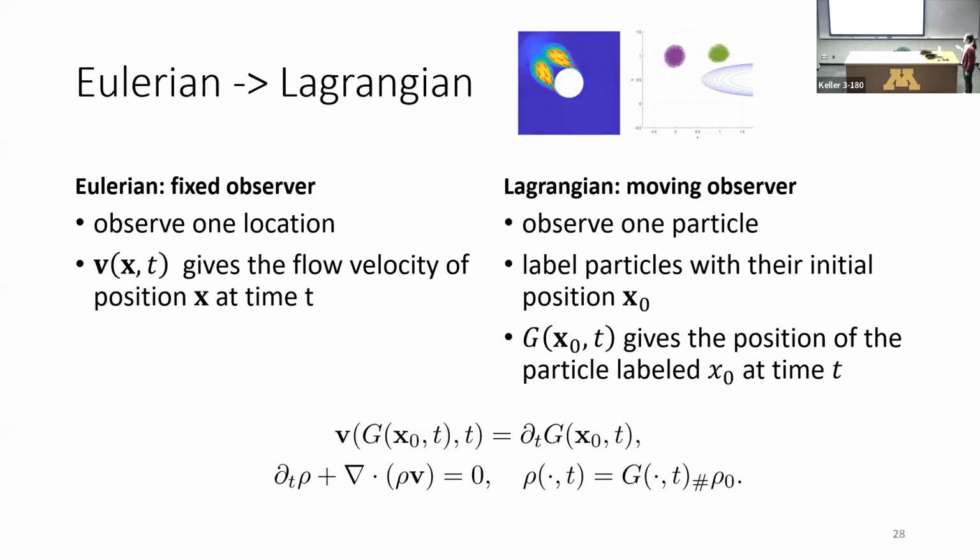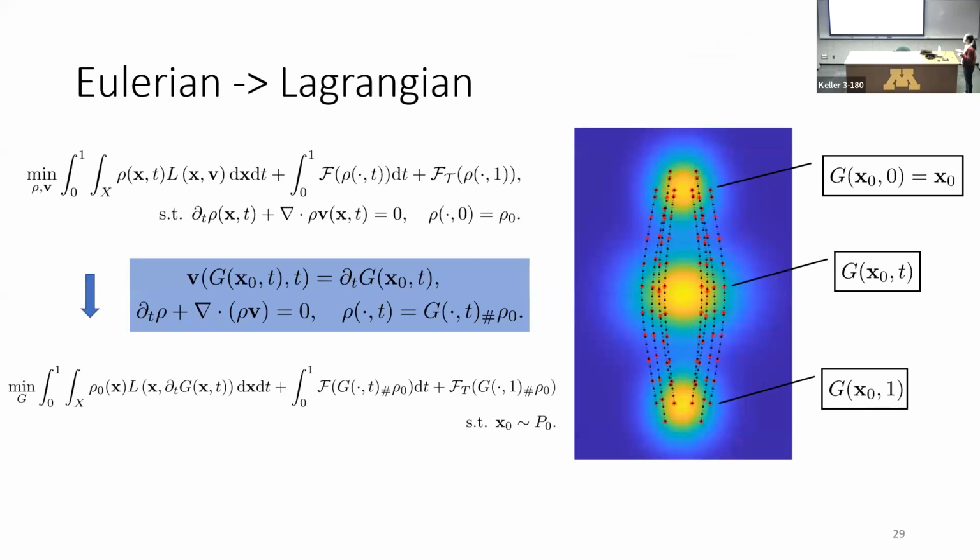So based on this, let's rewrite the optimization problem we want to solve. The first thing is we substitute this v with partial t of G. And we substitute this rho t with the push forward of G at t of rho 0.